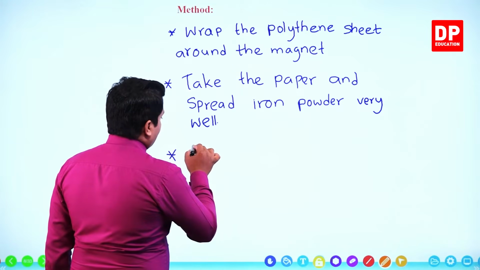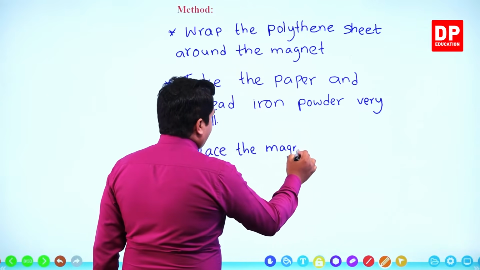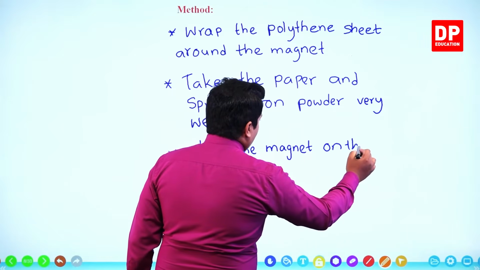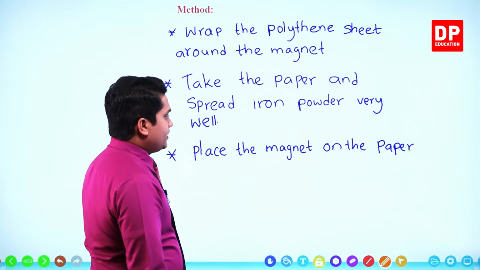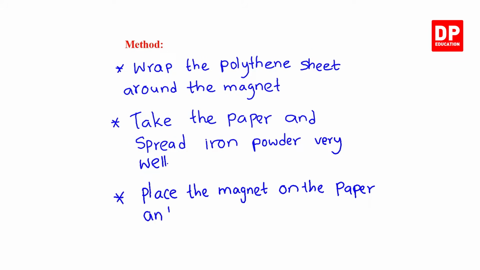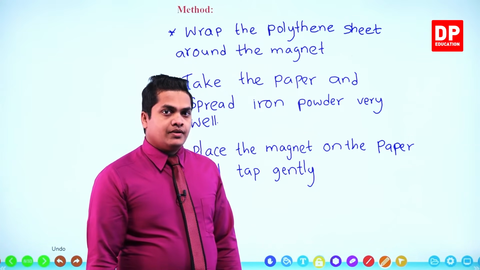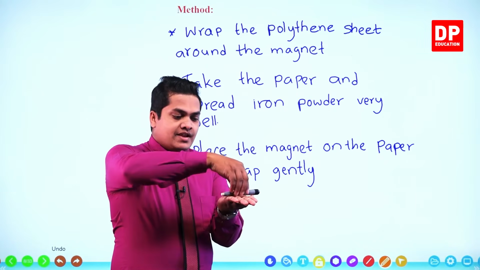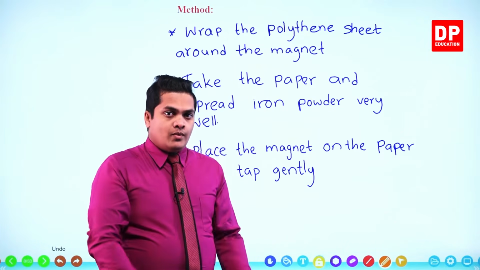So this is our final step: place the magnet on the paper and tap gently so that the magnet can attract the iron powder very well.